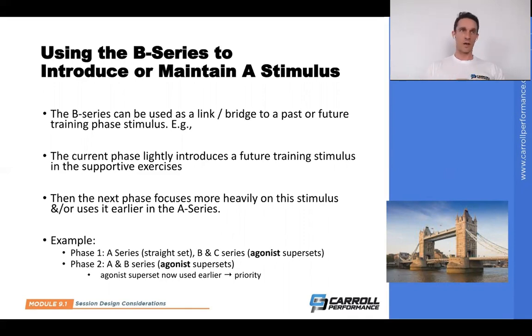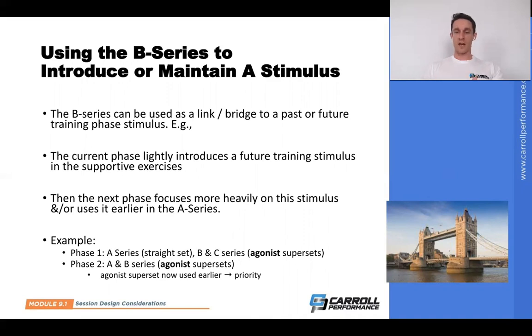So B1 could be let's just say a hack squat. And then we rest 30 seconds and we go into B2, which would be a leg extension, and we rest 120 seconds. And that's our B series agonist or metabolic stimulus. And we're introducing that, but maybe only for 3 sets.